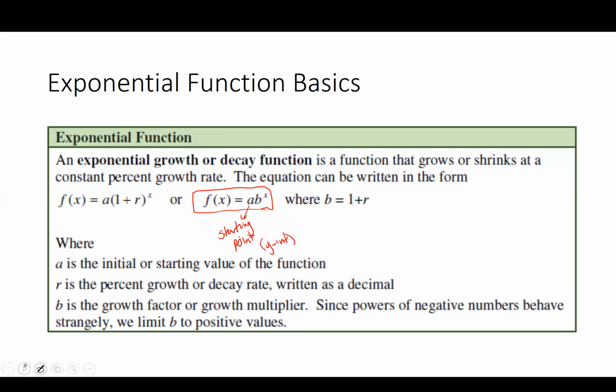And then b, on the other hand, is going to be our growth or decay factor.